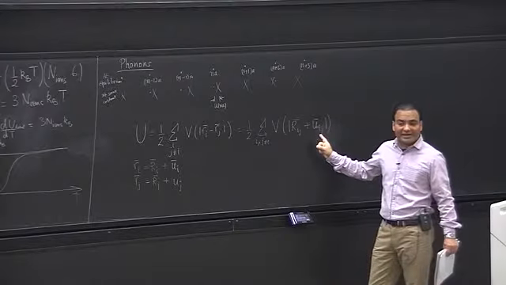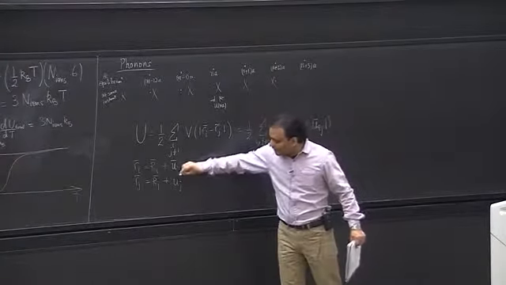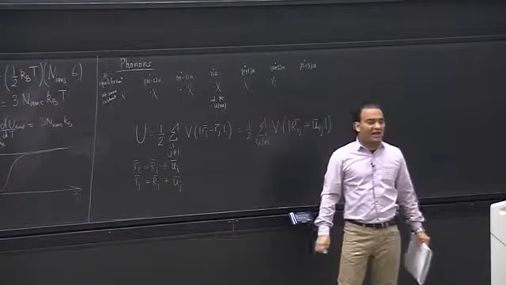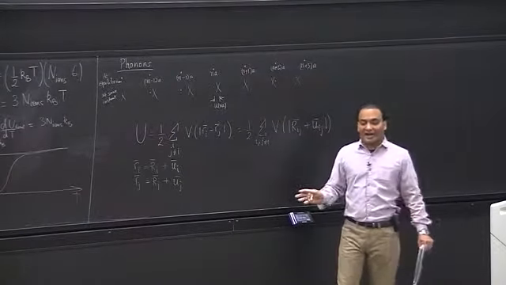And Uij is Ui minus Uj, where Ui and Uj are displacements of the ith and jth ions.